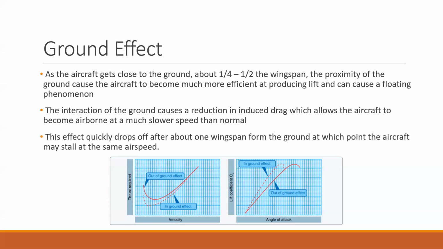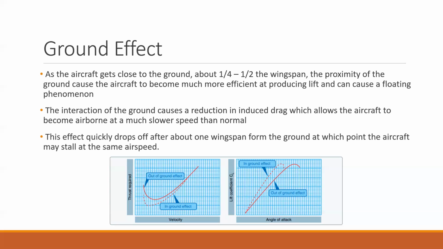Usually you'll notice this ground effect when you're about a quarter to a half of the wingspan away from the ground. And when you're that close, the wing becomes a lot more efficient and allows you to create more lift at a slower airspeed.